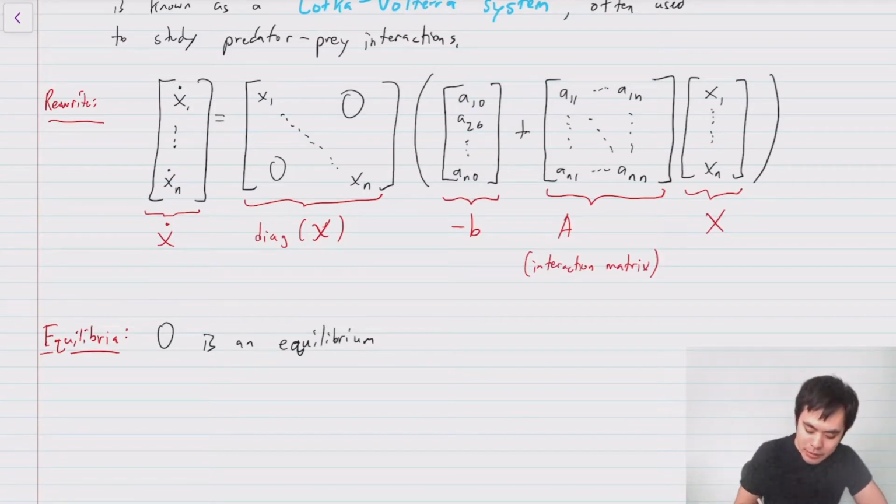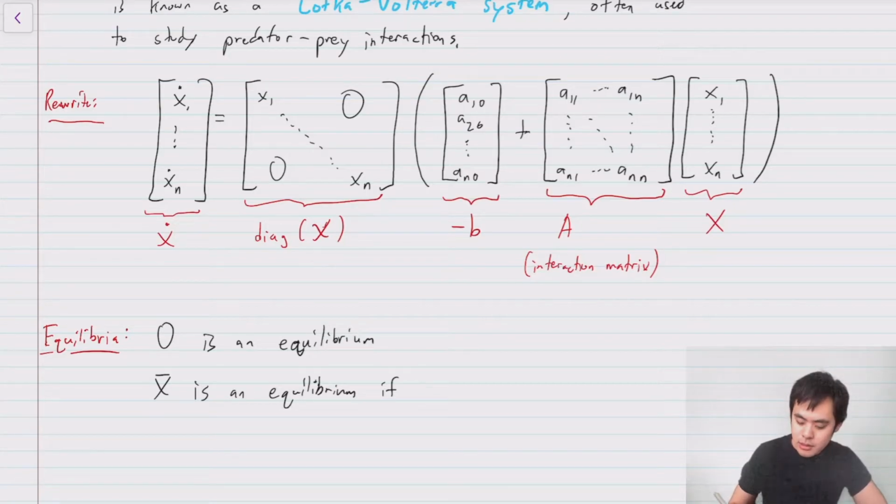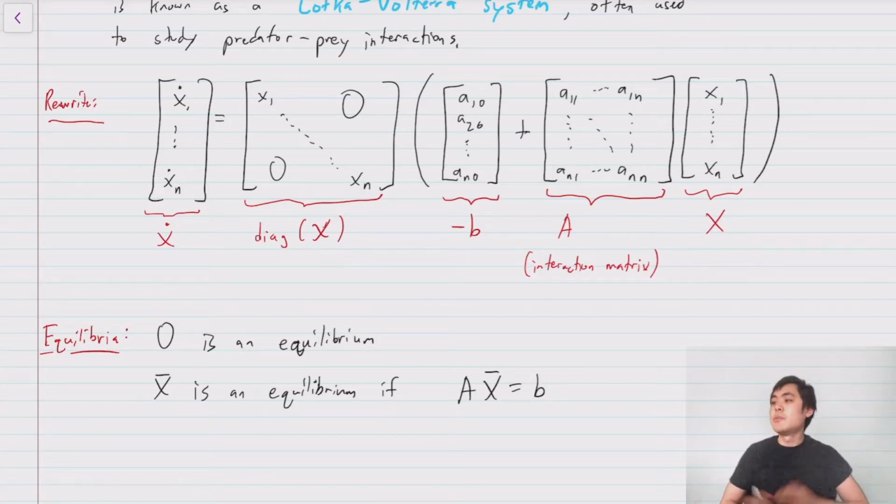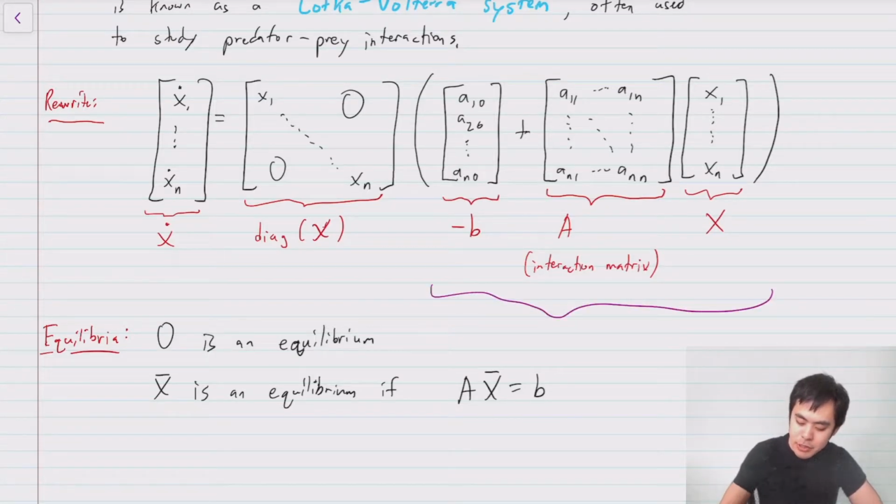Also, you have that x bar is an equilibrium if we have that A x bar is equal to b, right? Because if you look at this term over here on the right, if A x bar is equal to b, then that entire term is just going to be the 0 vector.